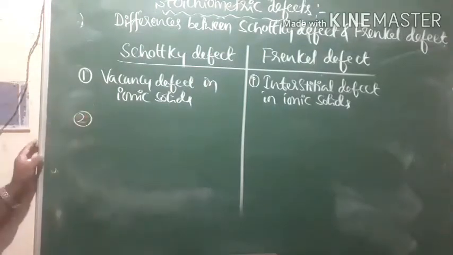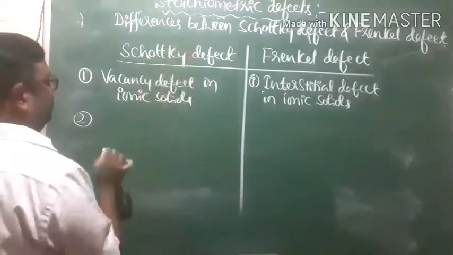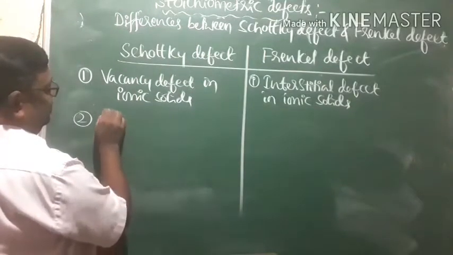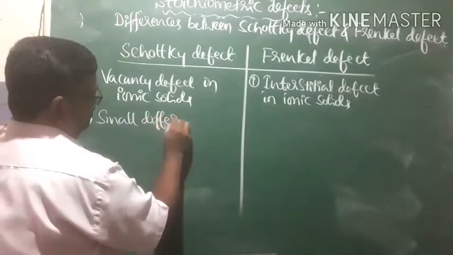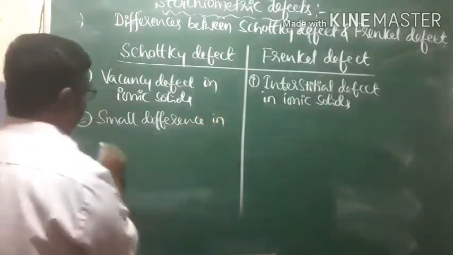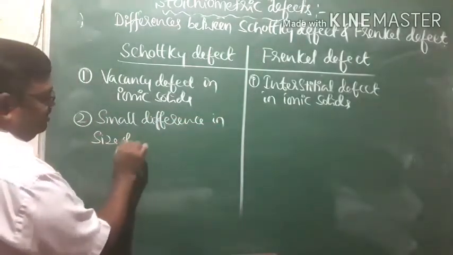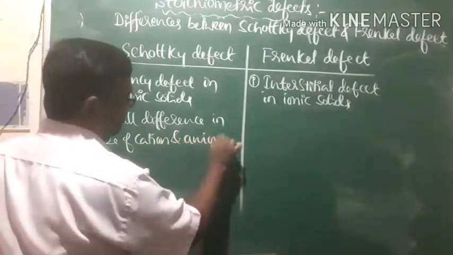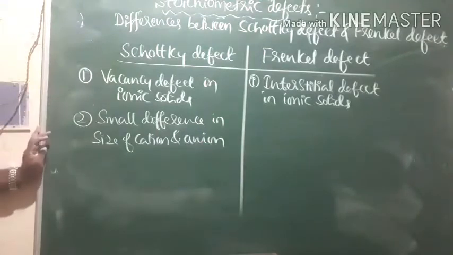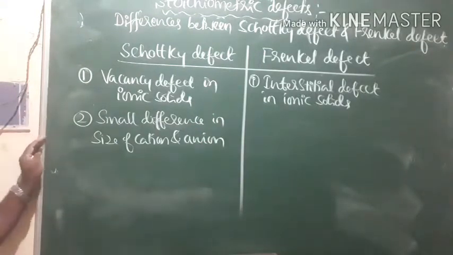Second one is, this will be shown by ionic crystals with small difference in size of the cation and anion.